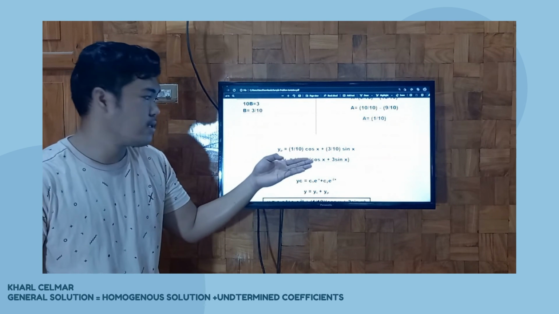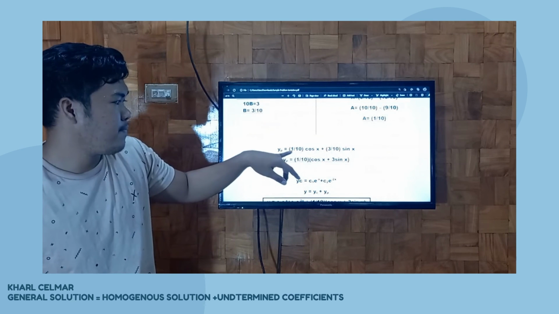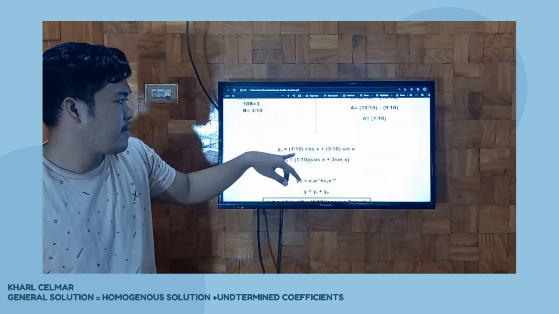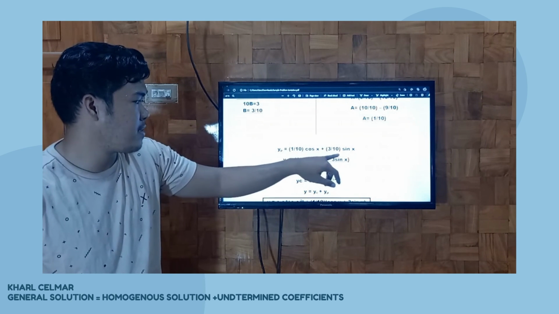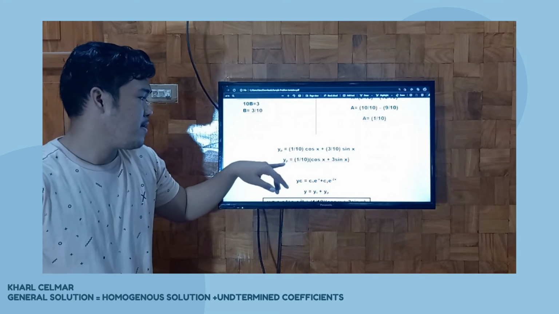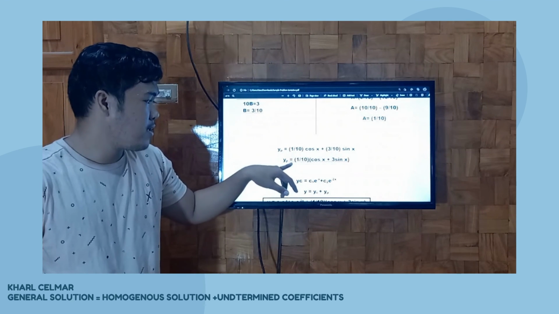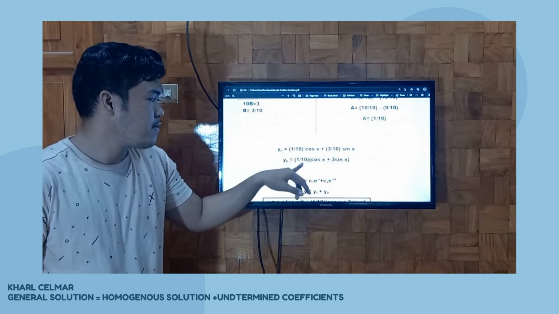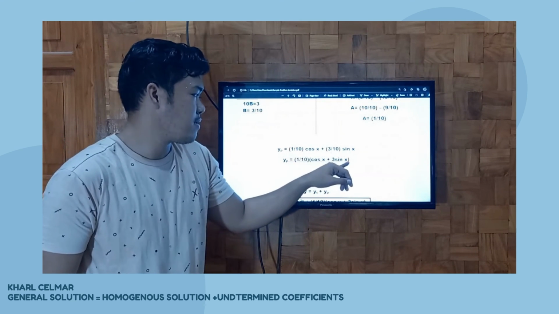So we will factor out, since they have similar factors here, the 1 over 10 and 3 over 10. So we can factor it out. So it will become y sub p is equal to 1 over 10 times the quantity of cosine x plus 3 sine x.